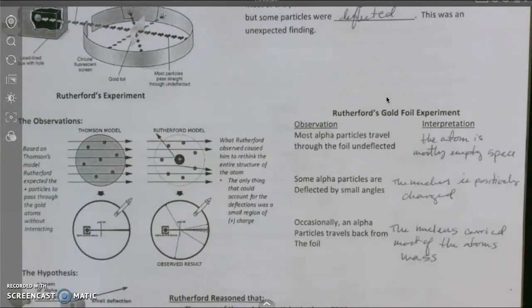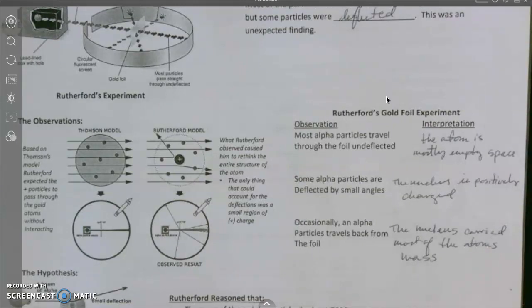Okay, so the other side of this that was really, really interesting was that some of these alpha particles were deflected, and not deflected in a small amount, but significantly deflected.